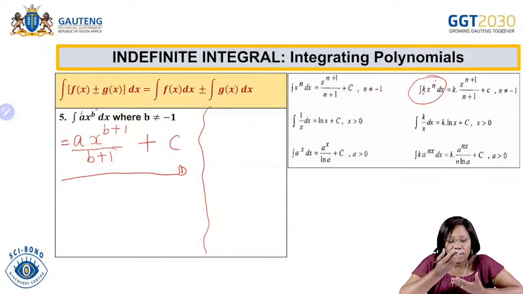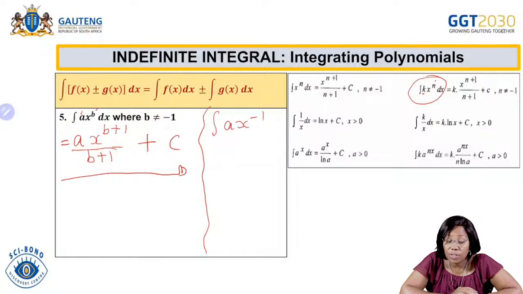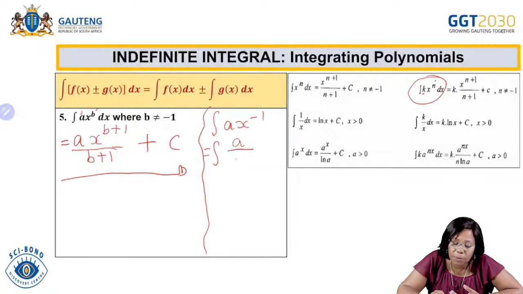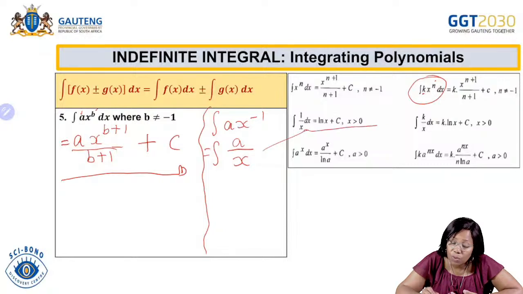Okay, now let's say we were having a case whereby this b was -1. Can you see that? If it's -1, if we write this back as a fraction, it will be a, or with a positive exponent, a over x to the power 1. Can you see the relationship now? It is relating to rule number 2.